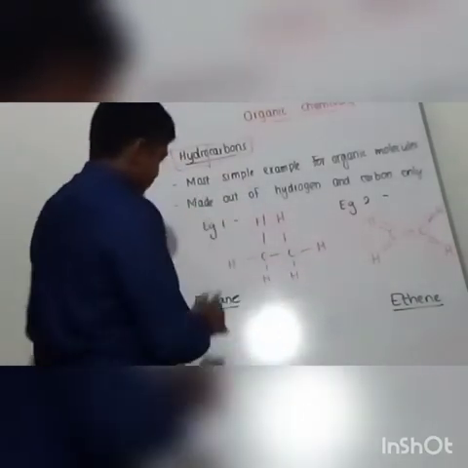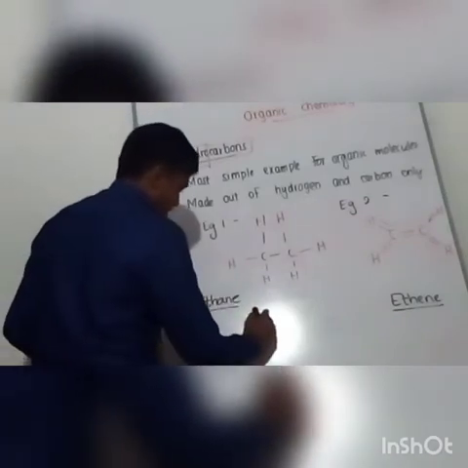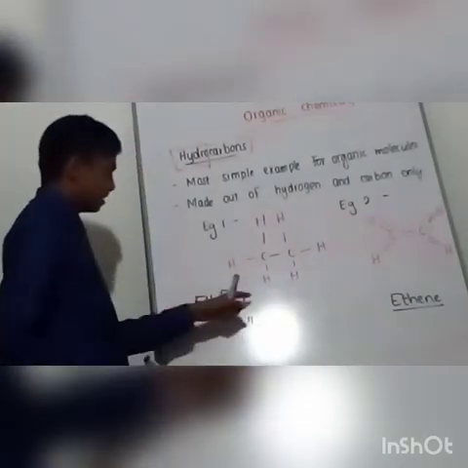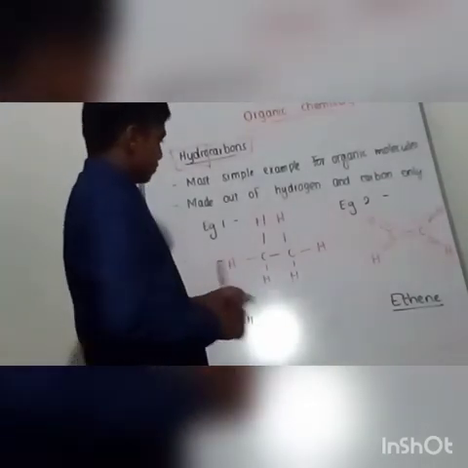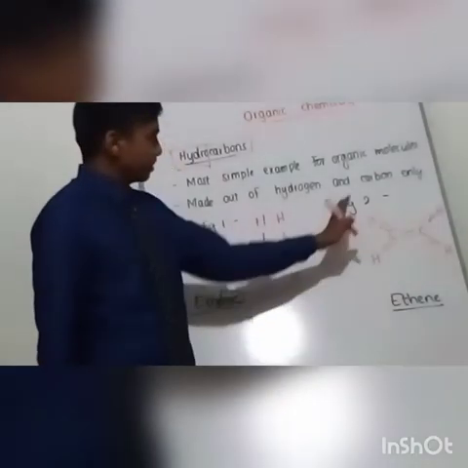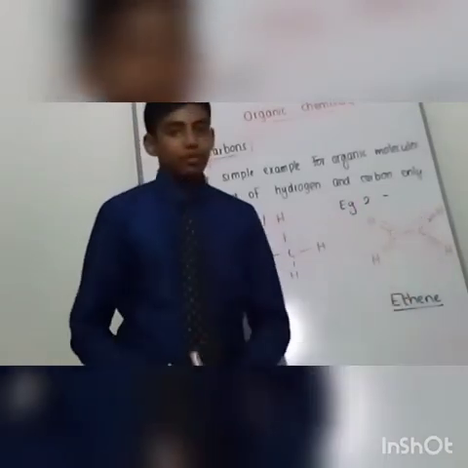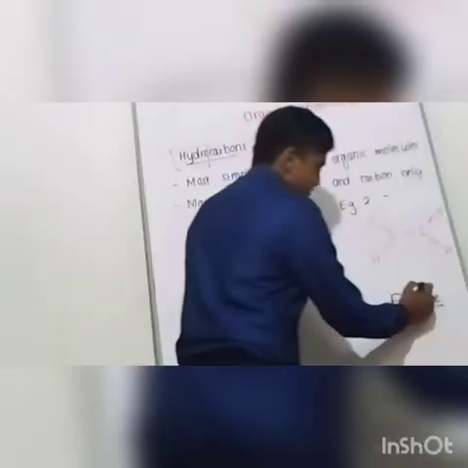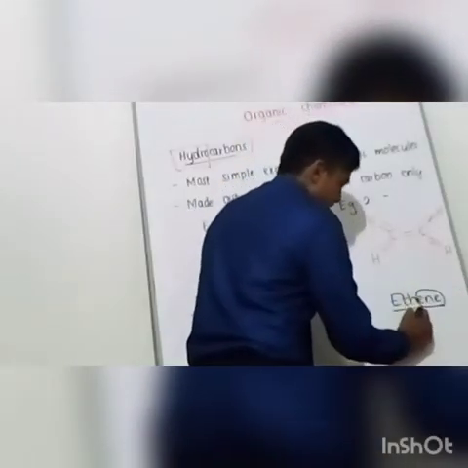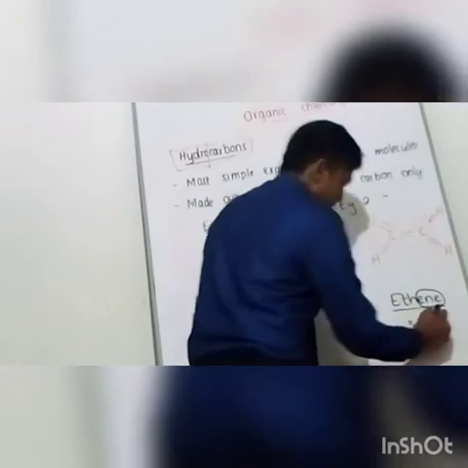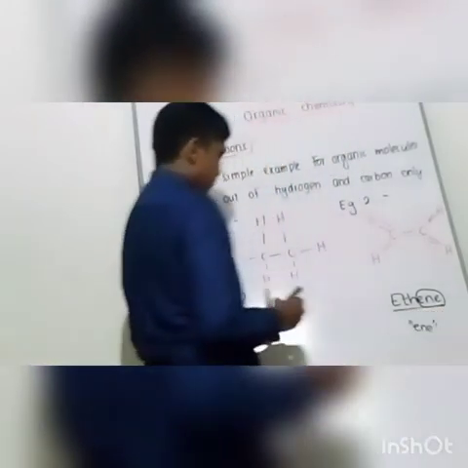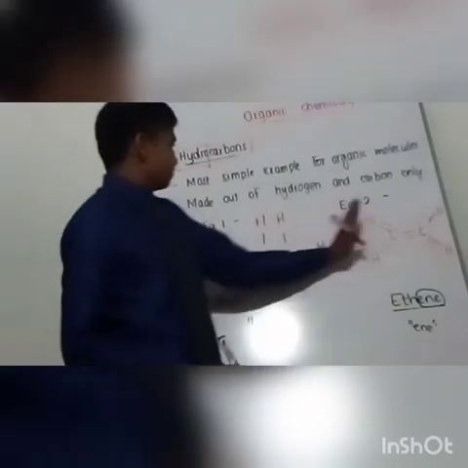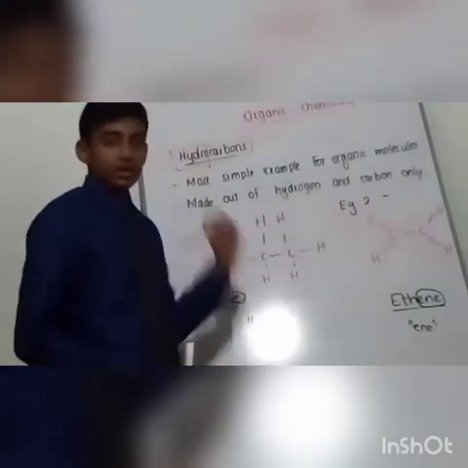You can identify it from the last three letters, A and E. So this is one type, and the second way is carbon-carbon double bonds, which you can identify by the last three letters, E and E. I'll be explaining these two further in the video. So these are the two ways of representing hydrocarbons.